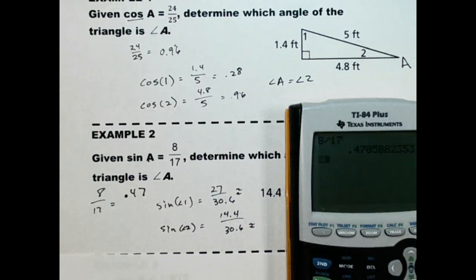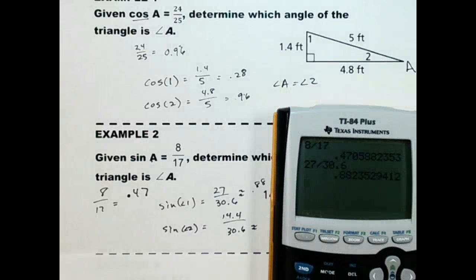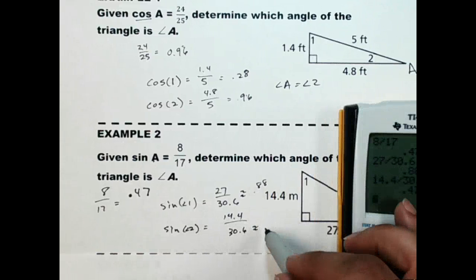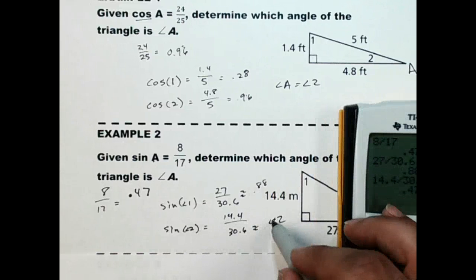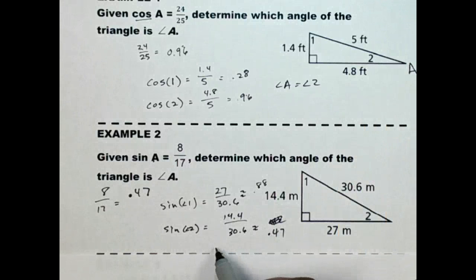And if I put this in the calculator, 27 divided by 30.6 gives me 0.88. And if I do 14.4 divided by 30.6, that gives me 0.47. Okay, so I know then that angle A is angle 2.